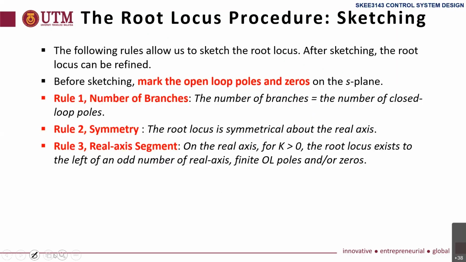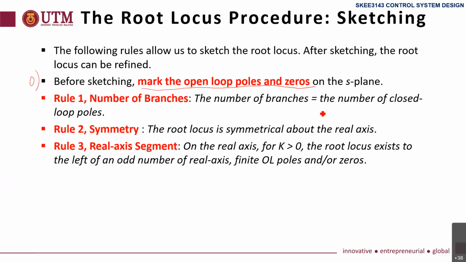So we will involve sketching and then refining throughout 9 rules. Before we start sketching, maybe rule number 0 here, we have to mark the open loop poles and zeros. The first task to be done is to mark.